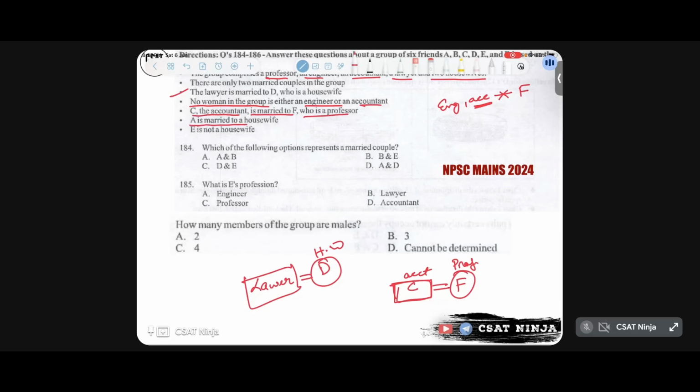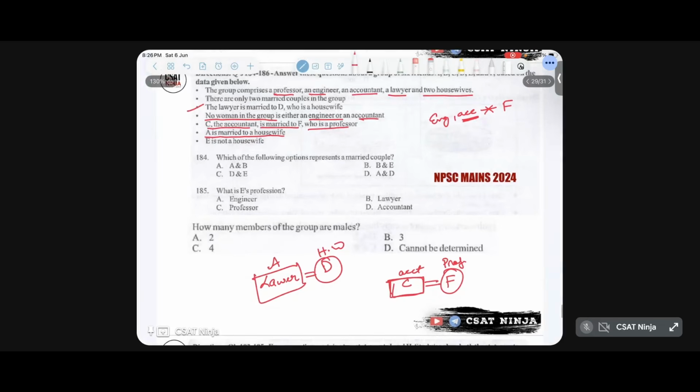Next one. A is married to a housewife. Which means that A is here and A is married to a housewife. E is not a housewife. So what are the options left? Accountant filled, lawyer filled, two housewives.